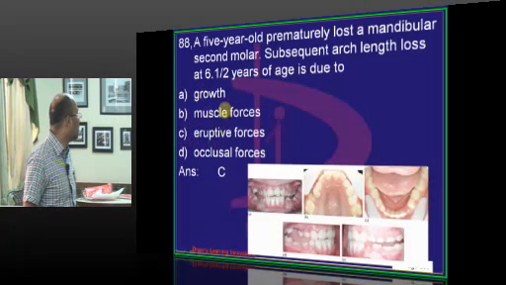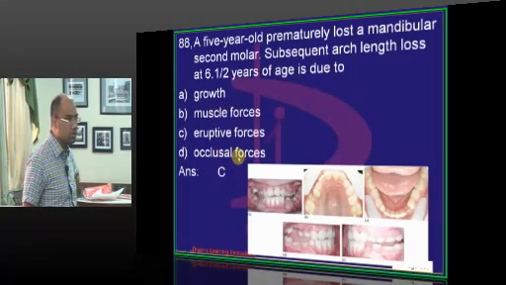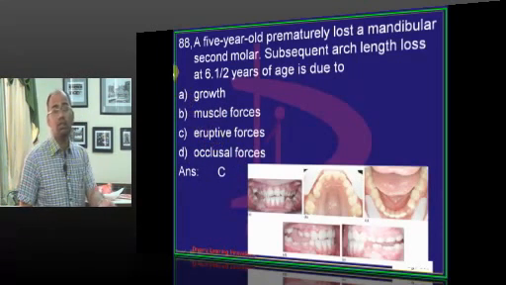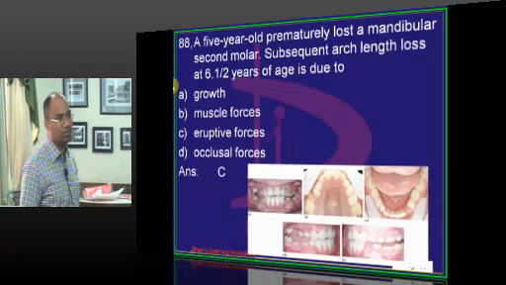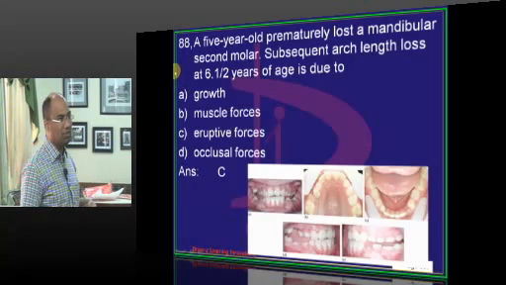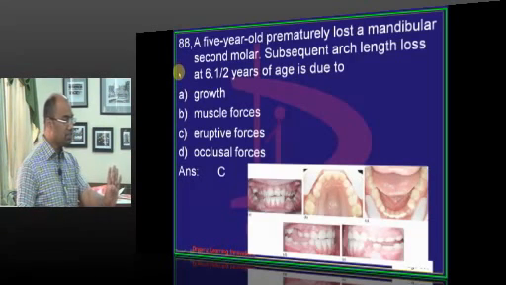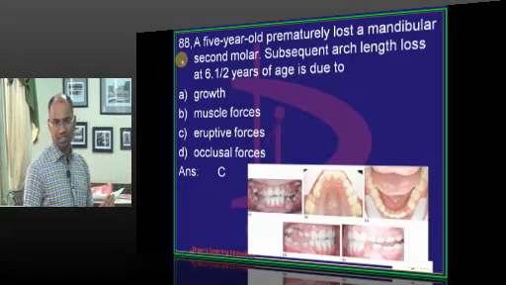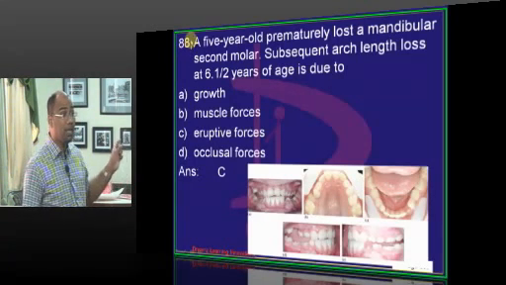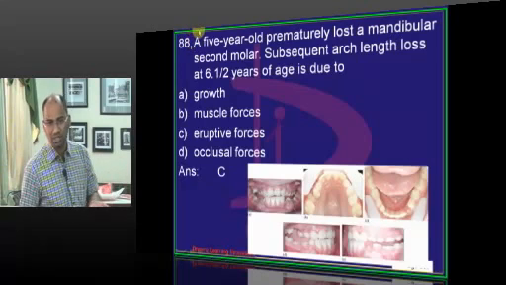You can't tell occlusal. You might be confused between eruptive and occlusal at the most. You can't tell occlusal force because the tooth itself is not in the oral cavity. Leave about occlusal force. It erupts only at 6 years. So the angulation itself is changing in the pre-emergent stage. A tooth is missing. This is the pre-emergent phase, not the post-emergent phase.